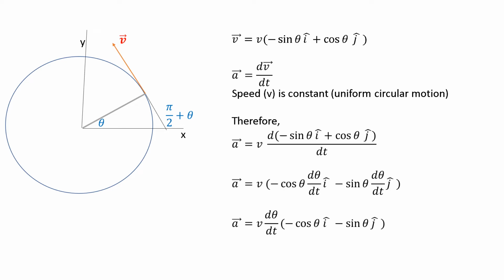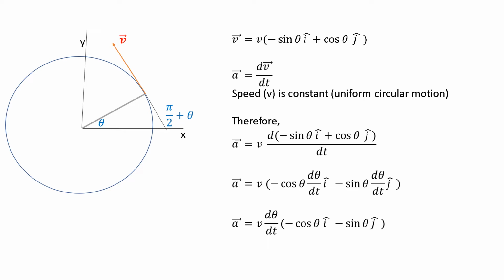Acceleration is defined as rate of change of velocity with respect to time. Speed v is constant, so we get a equals v into d by dt of minus sin theta i plus cos theta j. Now the differential of minus sin theta with respect to theta is minus cos theta.